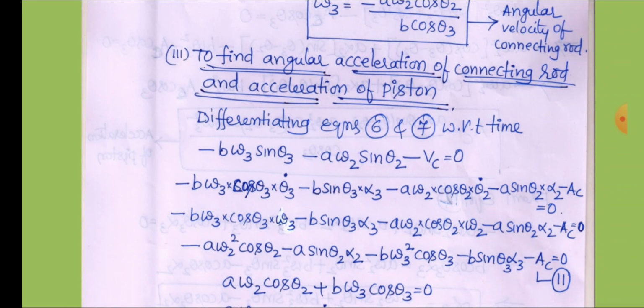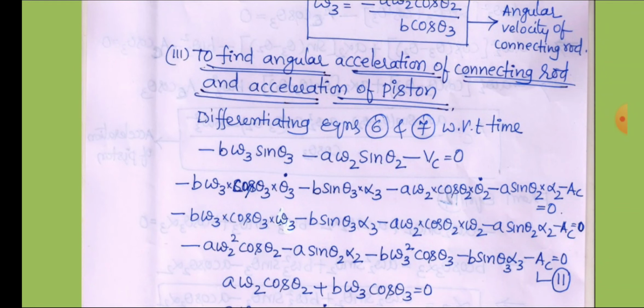Like that you differentiate, and so omega 3, then it will be minus a omega square cos. Just if you simplify, I am going to get equation number 11. Equation 11, how I got it? By differentiating equation 6.